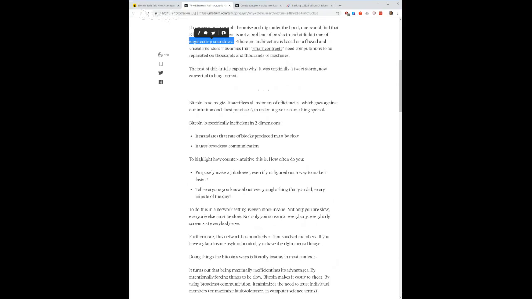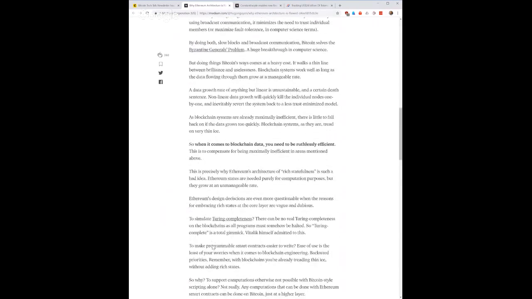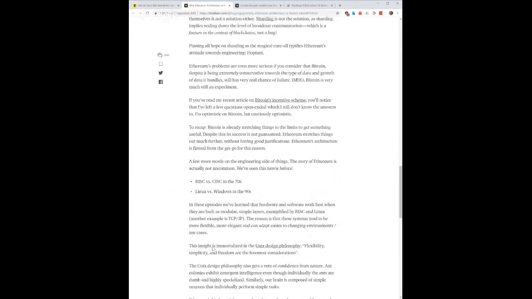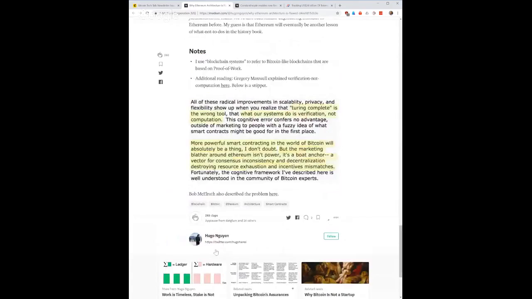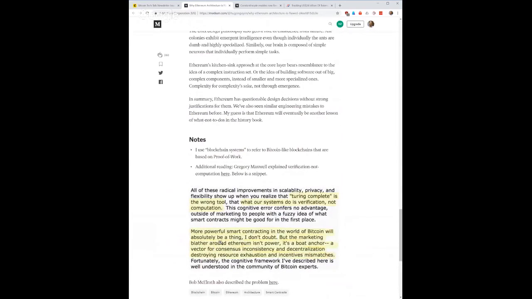Everyone has to switch over coins to something completely different. I mean, it's going to be the mother of all hard forks eventually. But yeah, there's a lot of really good information in here, and there are some notes down here for further reading.